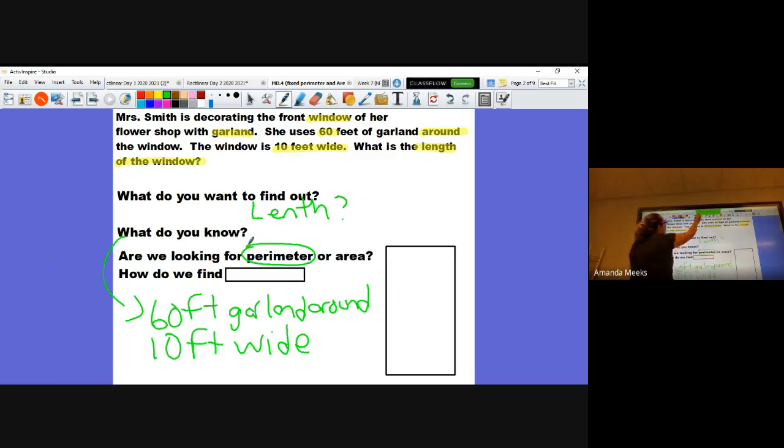And now I need to ask myself, how do I find the perimeter? Right? So think back to your lesson yesterday or earlier last week. Remember, perimeter is the outside of a shape. And in order to find all the sides of the outside, we have to add.